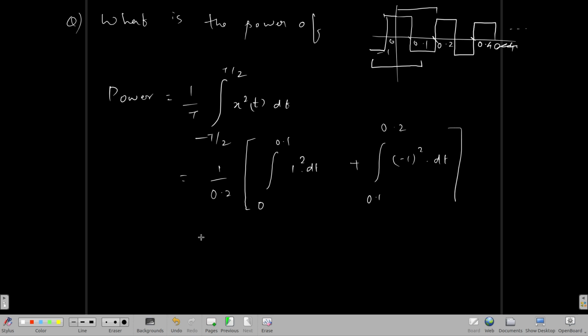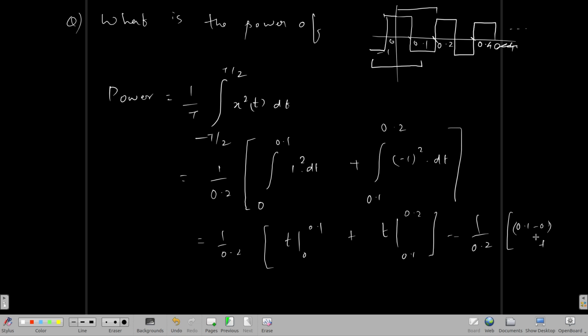So it will be 1 by 0.2. 1 squared is 1, dt integral is t. So t from 0 to 0.1 plus, again the same thing, t from 0.1 to 0.2. Which is 1 by 0.2 times 0.1 minus 0 plus, this is basic math only, minus 0.1. So what will be? It will be 1 watt, the power.